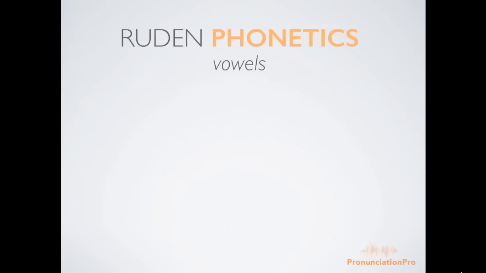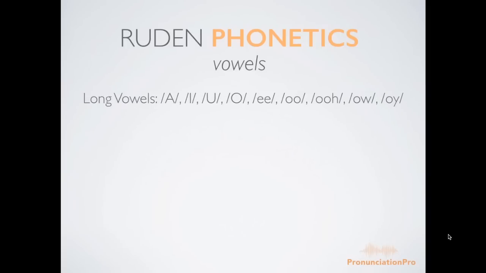Again, I want lots of participation, because as you're actively engaged in this exercise, you're going to learn more and get more out of it. All right. So let's go into long vowels. Again, I'm doing phonetics, so let me briefly explain what these symbols mean. When I put slash marks around sounds, it means that's the sound and not the letter that I'm talking about.